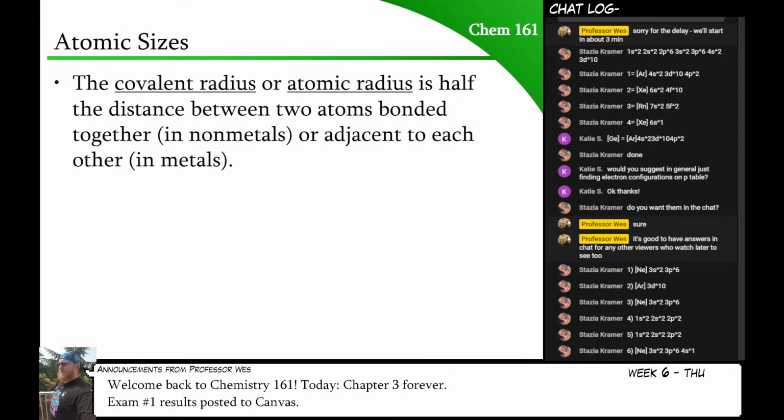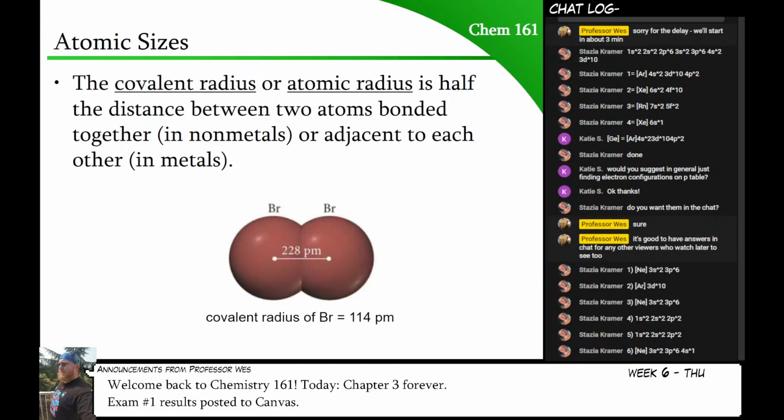First thing we want to define is the atomic radius of an atom. If you have two atoms that are bonded to each other or are adjacent, the atomic radius is half the distance between those two atoms. Now, if atoms are bonded, they're going to have some overlap, and we ignore that. We just say, okay, the distance between these two would be half of the bond distance, so this is the atomic radius.